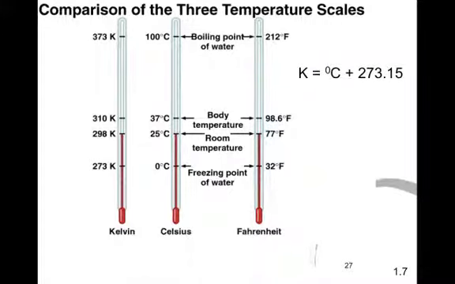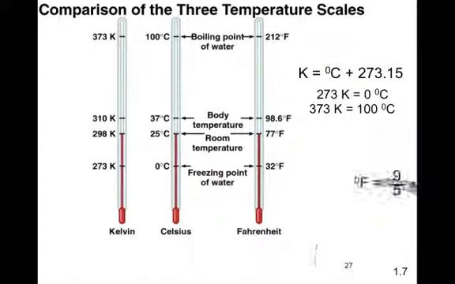So to change Celsius to Kelvin, you take the degrees Celsius and add 273. Does your book actually use the 0.15? It does. Okay, 273.15. And so that gives you a couple of equalities there.